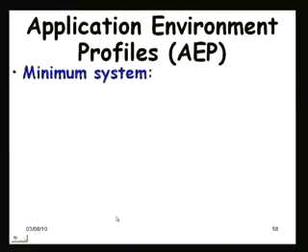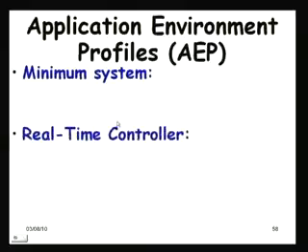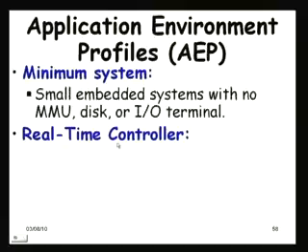Now, let us look at the application environment profiles for embedded real time applications. One is the minimum system, one is the real time controller. I think 2 more are there, we will see in the next slide.